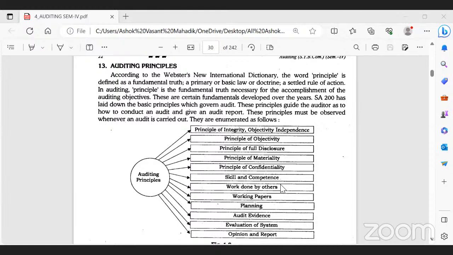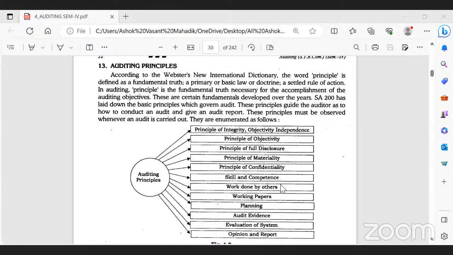Working papers means all the documents and papers generated during the process of auditing. The auditor has a right over these working papers, and he can keep them with himself until the payment of audit fees is due.